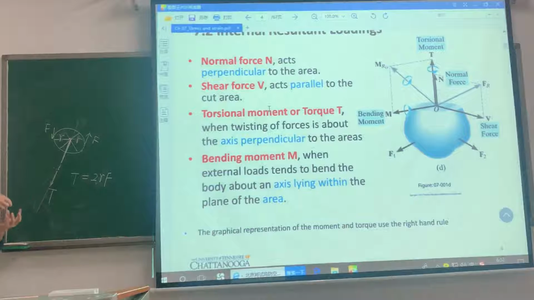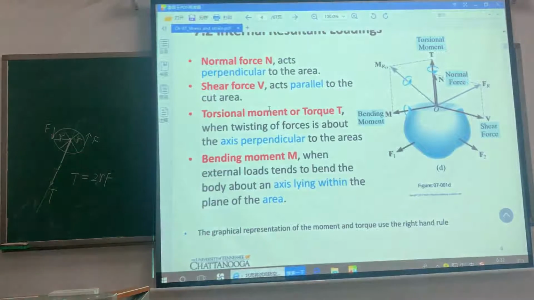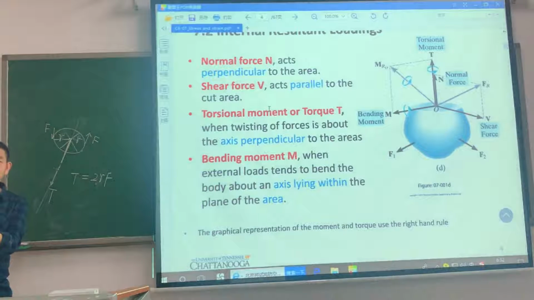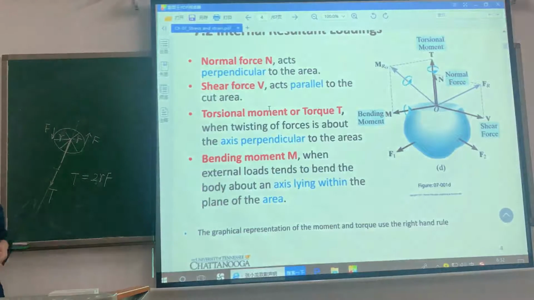The rod will deform. So it will deform. This kind of deformation, we call it torsion.